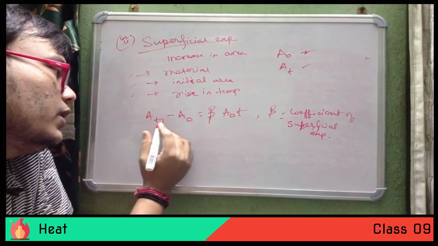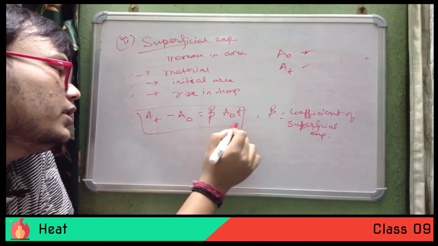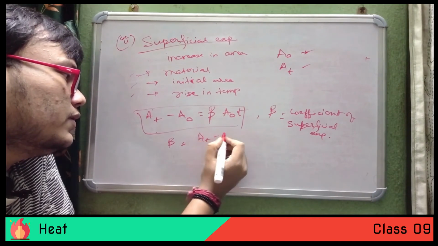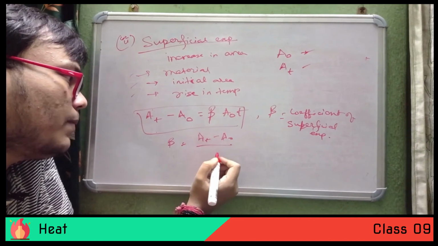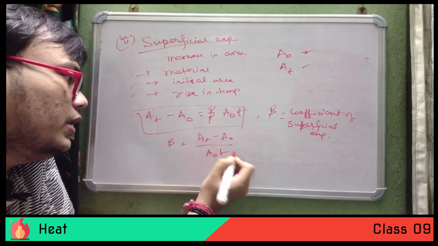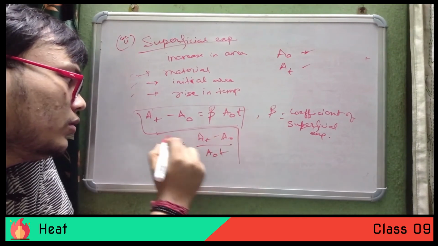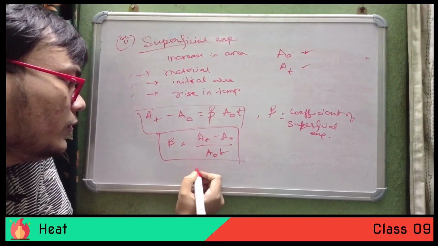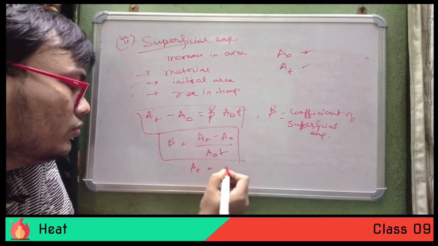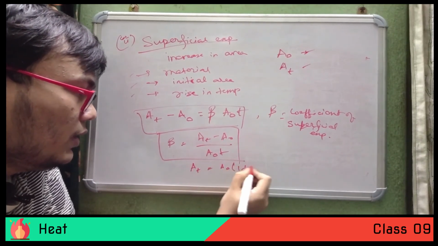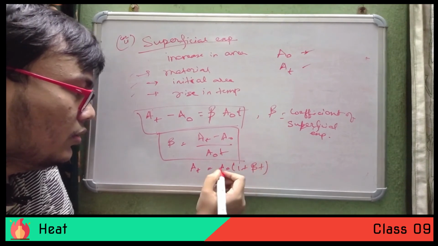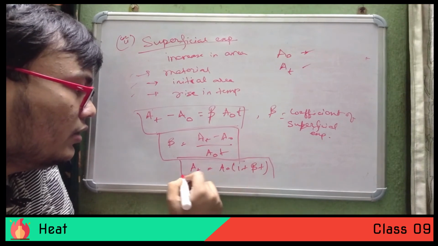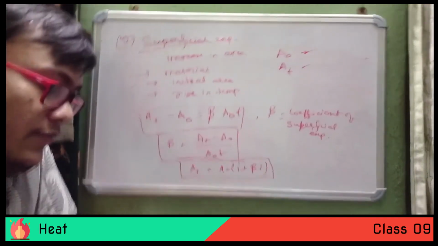From this we can derive that beta equals AT minus A0 by A0 T. Also, AT equals A0 (1 plus beta T). We have derived these three just like the case of linear expansion.